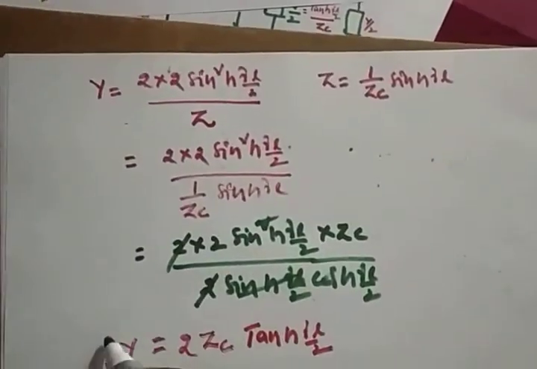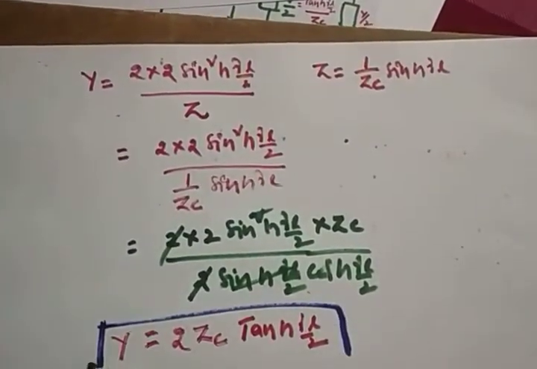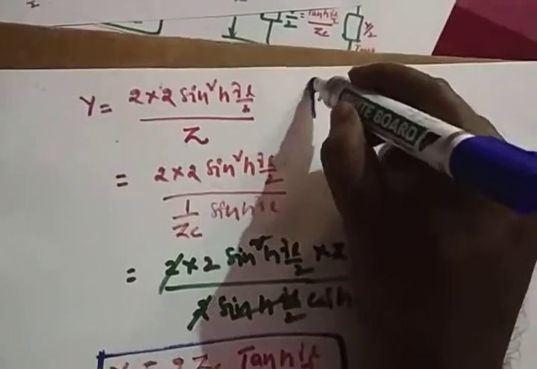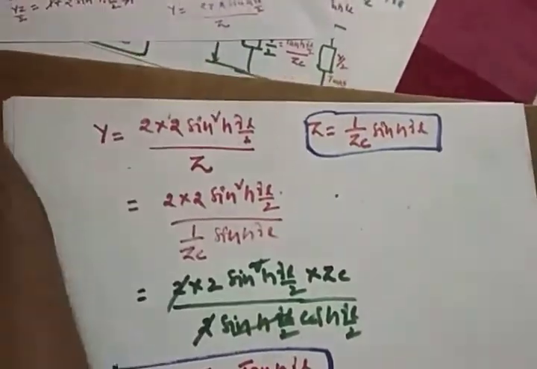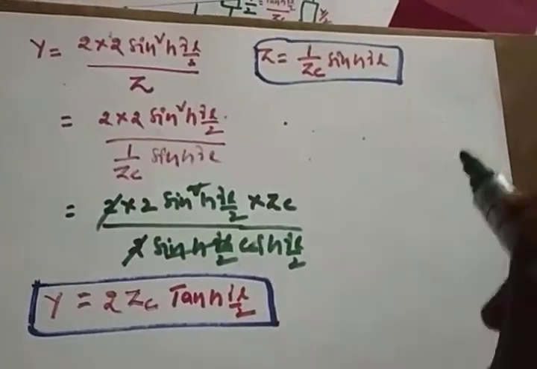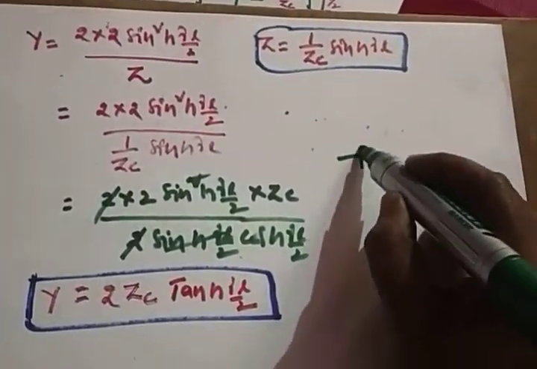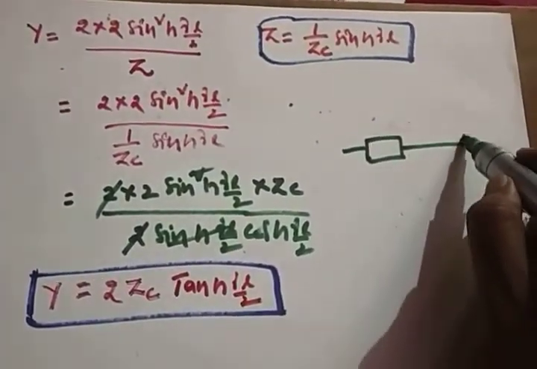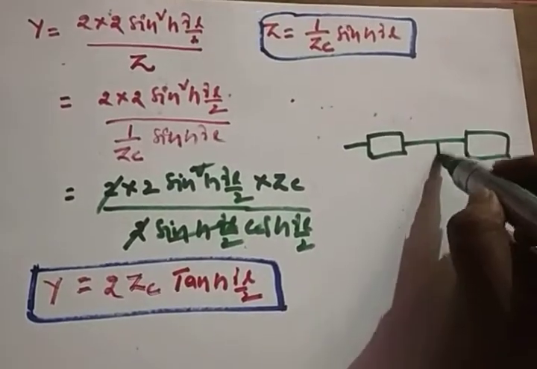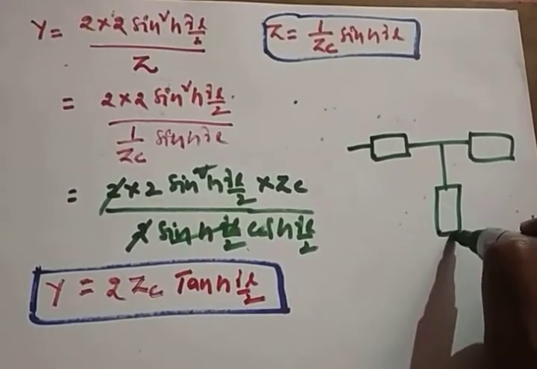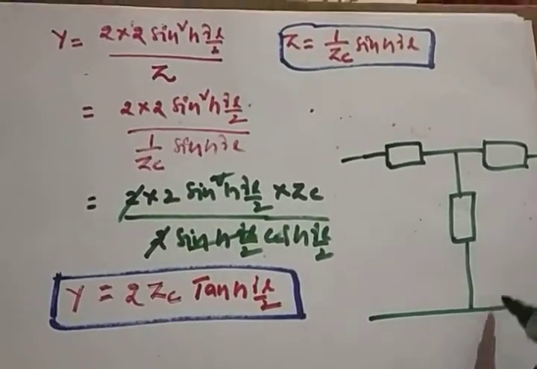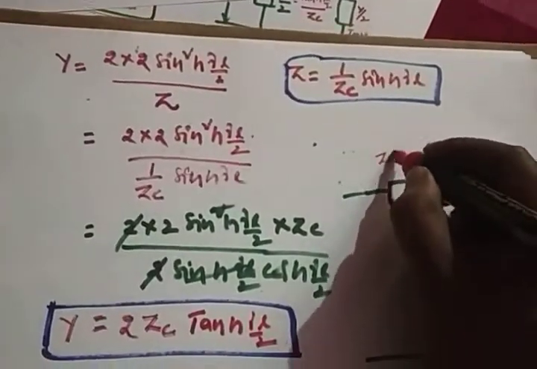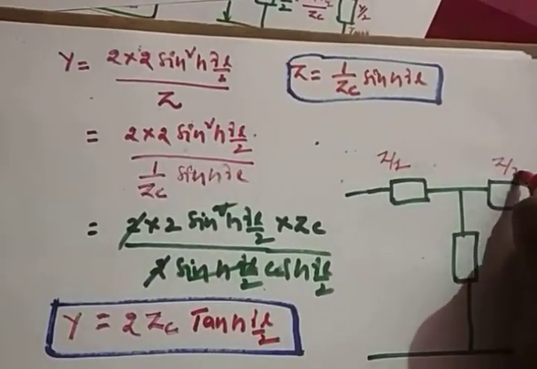So you got the value of y, right? You got the value of z, right? So then you substitute. So what is the nominal T representation? This is called z by 2. So this is called z by 2.